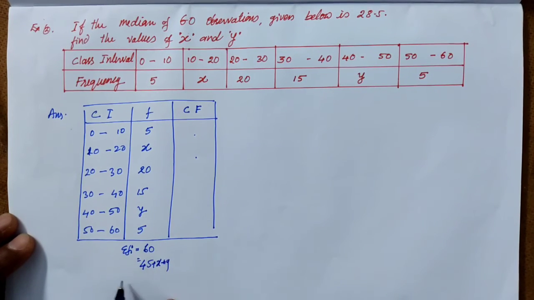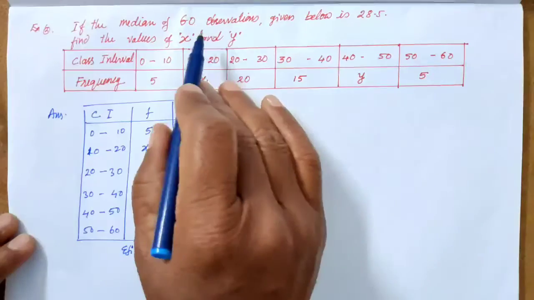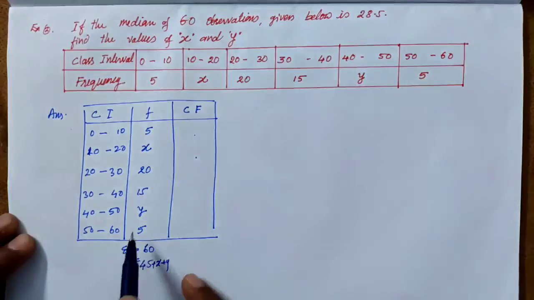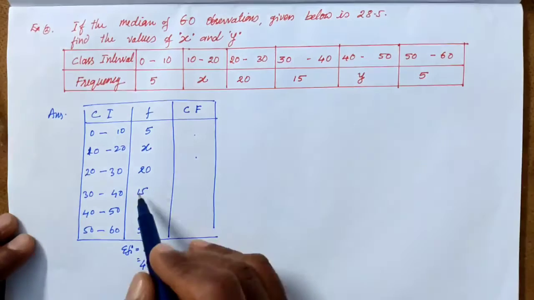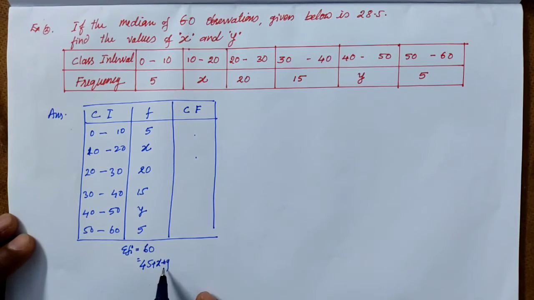This is the sum of the frequencies. According to the problem, there are 60 observations, therefore the sum of all these frequencies is 60, and also it is equal to 45 plus x plus y.